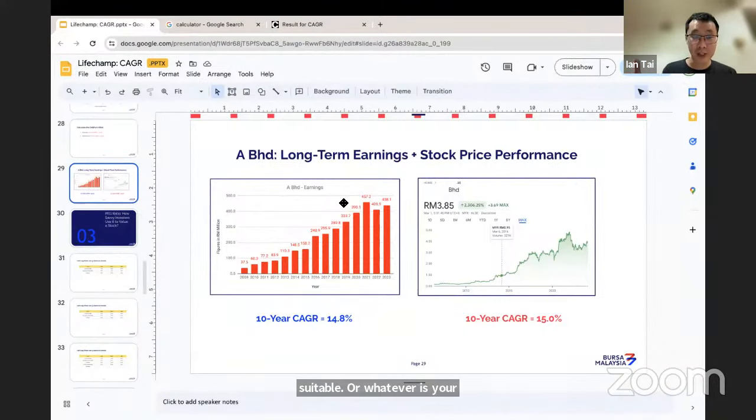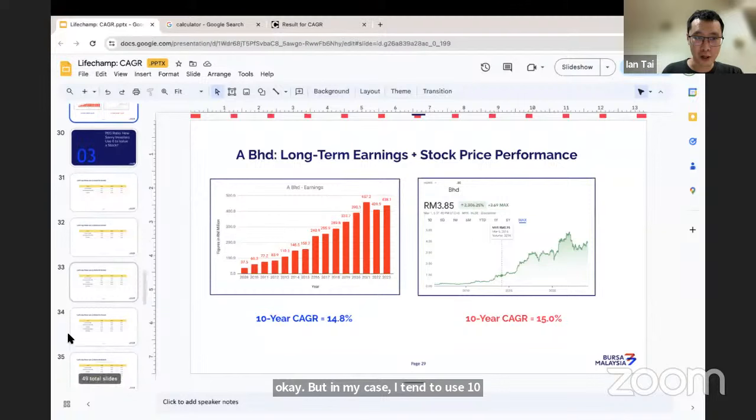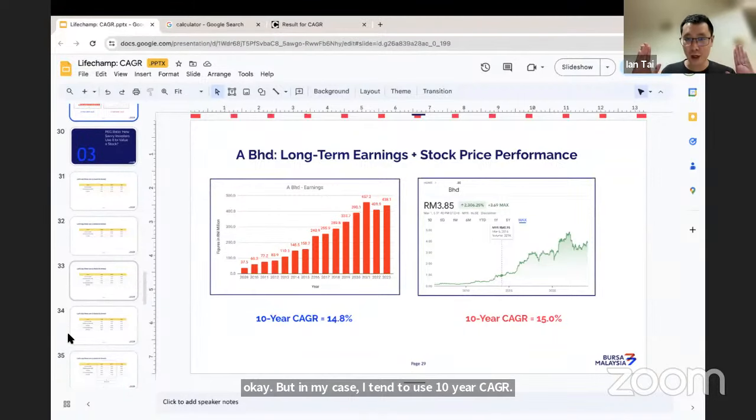As long as the figure is realistic to you, that will be okay. But in my case, I tend to use 10-year CAGR, because I like to have a much longer view of the stock. So therefore, I use 10 years.